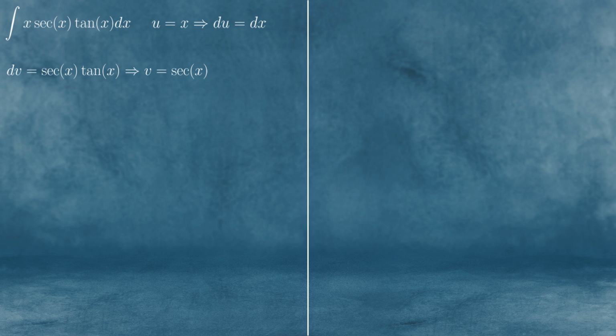So if we do so, we have that u equals x leads to du equals dx. And if we take dv equals secant of x times tangent of x dx, then v is equal to secant of x.